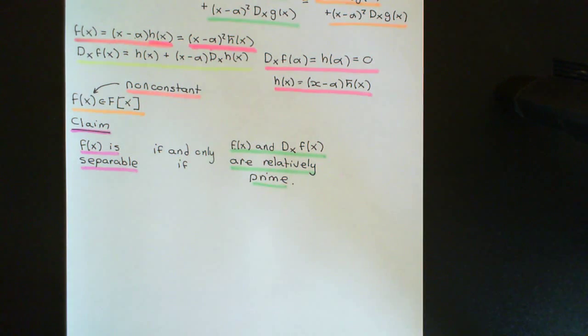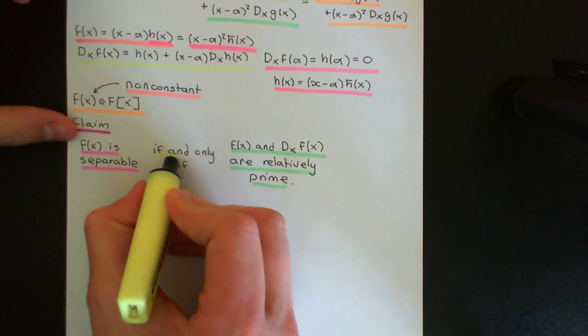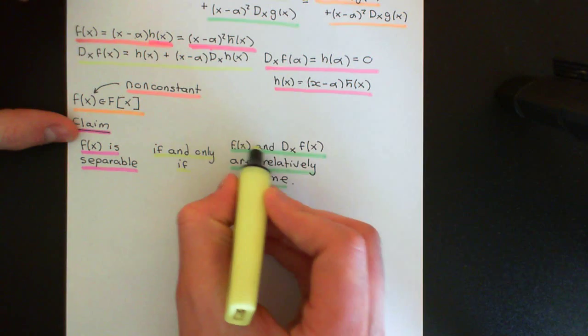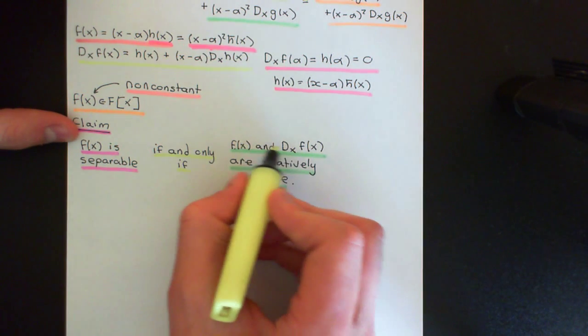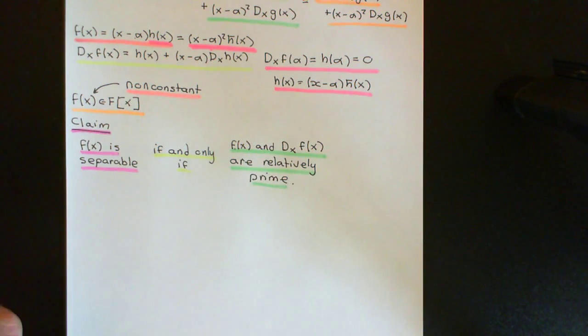That's what it means for them to be relatively prime. There is no non-unit polynomial in the ring of polynomials over the field F that both of these are multiples of. So that's what we want to prove, that f of x is going to be separable if and only if you can find its derivative and these two polynomials are relatively prime to one another.